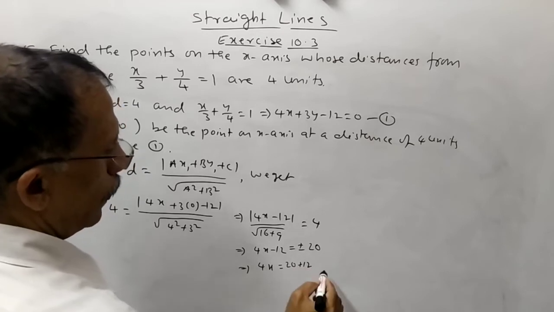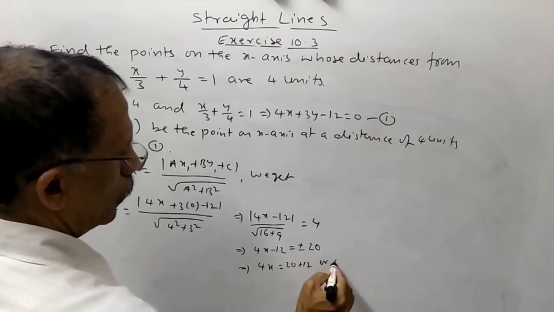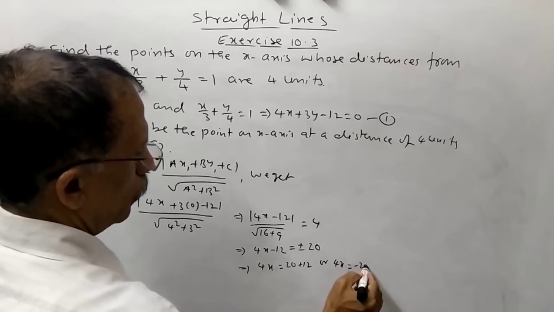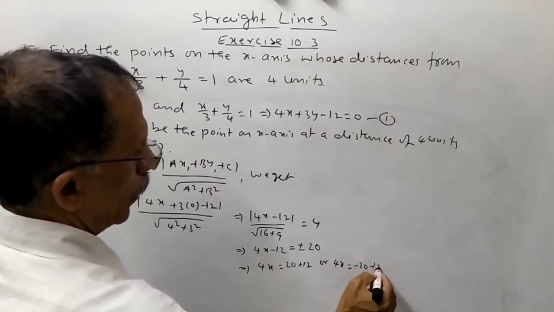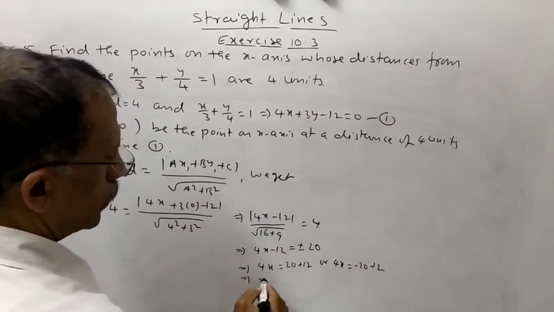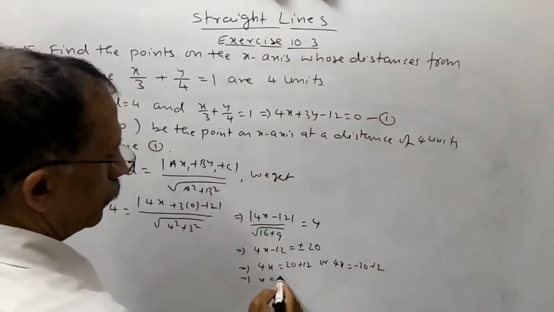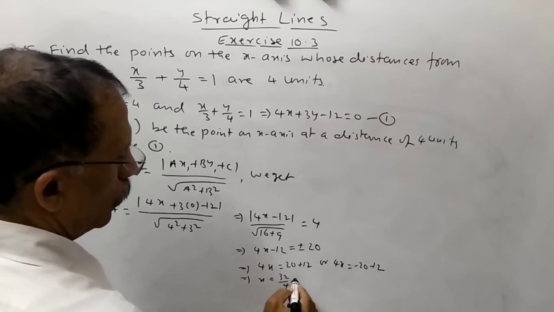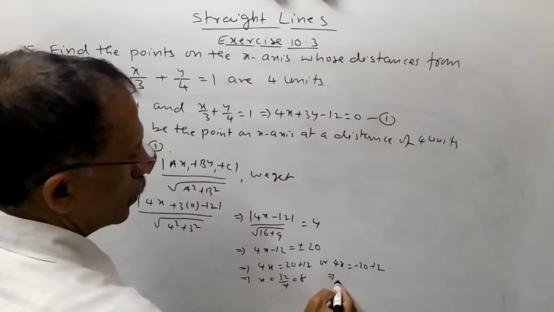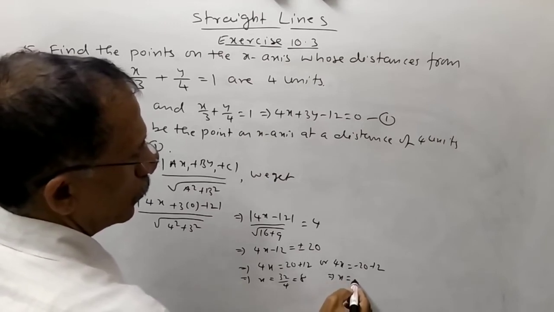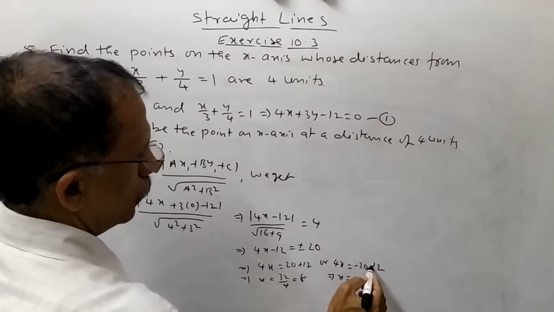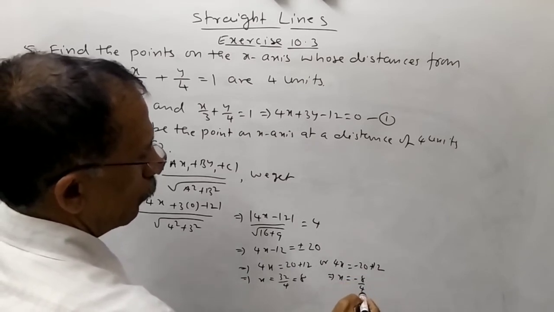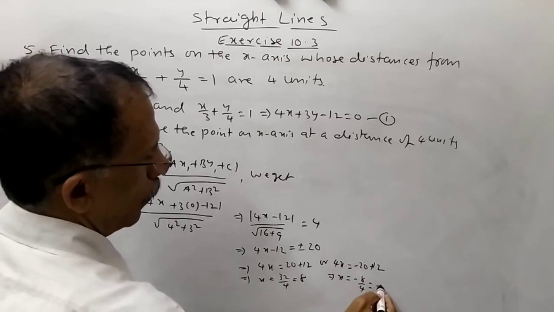plus 12, or 4x is equal to minus 20 minus 12. This implies x is equal to 32 divided by 4 is equal to 8. This implies x is equal to minus 8 divided by 4 is equal to minus 2.